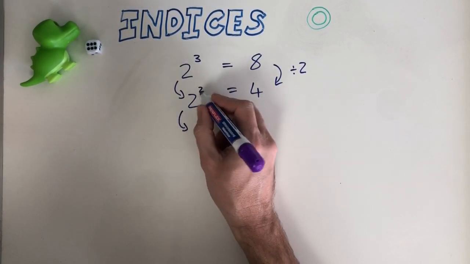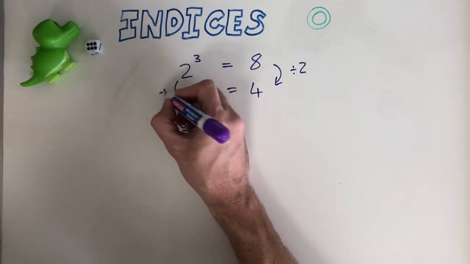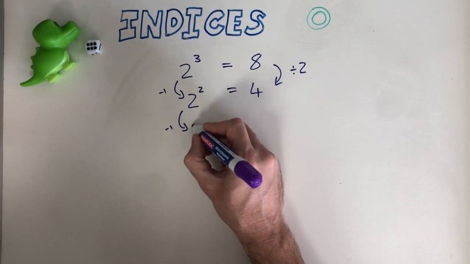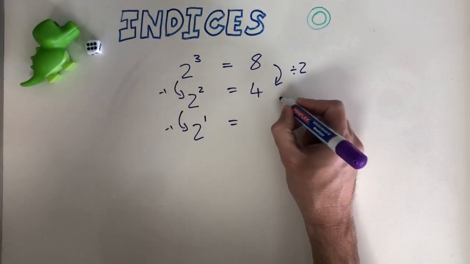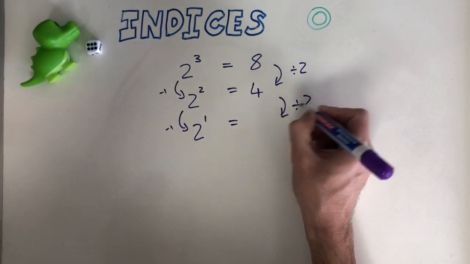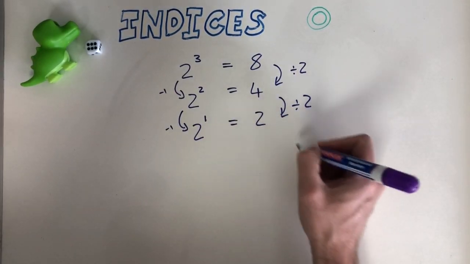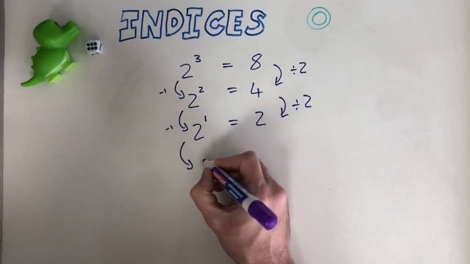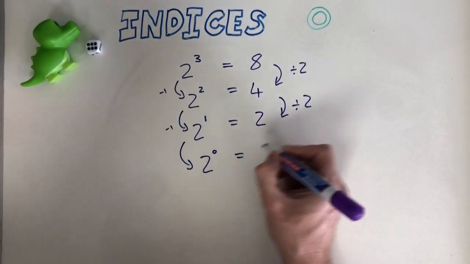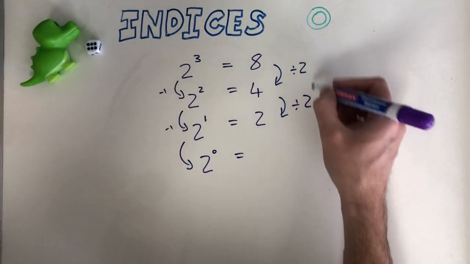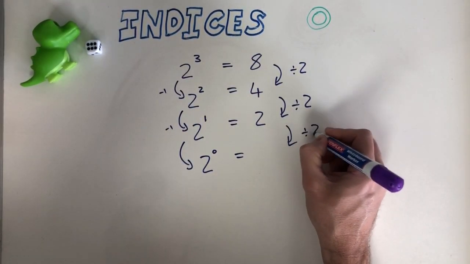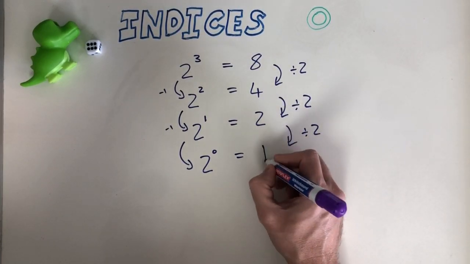If I reduce this index by 1 again, so 2 to the power of 1, I'm going to divide by 2 here again, because 2 to the power of 1 is just 2. And then on the next step, 2 to the power of 0, I'm following a pattern, and I divide by 2, I see 2 divided by 2 is 1.